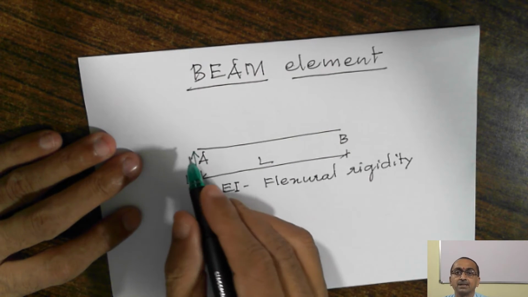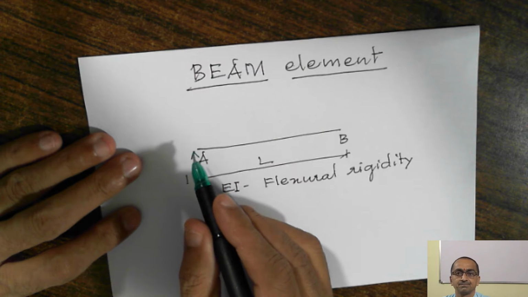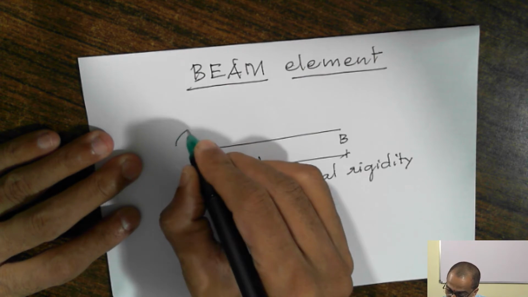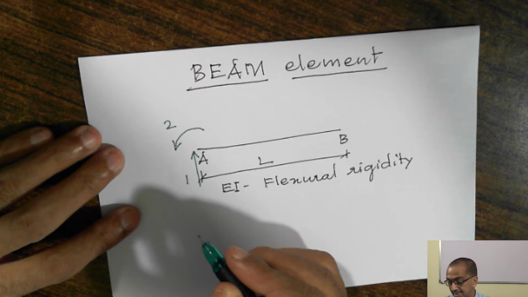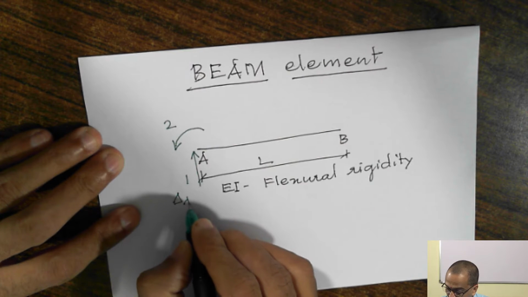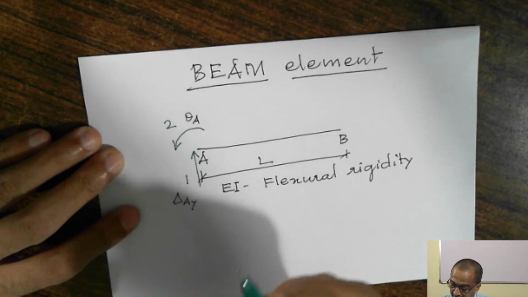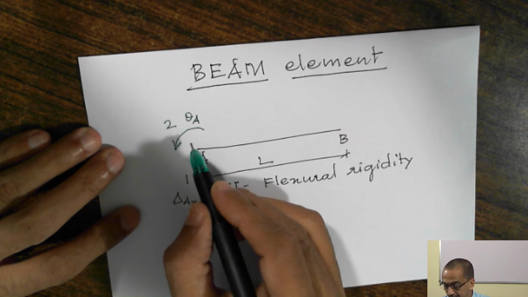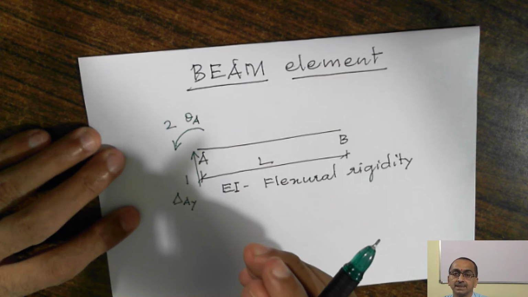The second degree is that it can rotate in the anticlockwise direction at A. So the first two degrees of kinematic indeterminacy are delta A y, upwards, and theta A, anticlockwise. That is, deflection of A upwards and rotation of A in the anticlockwise direction.